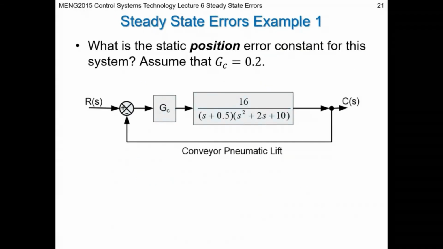What's the static position error constant for the system we looked at before, still assuming that Gc equals 0.2?